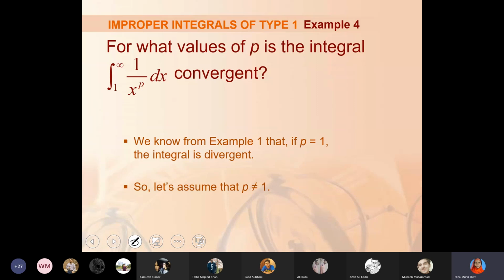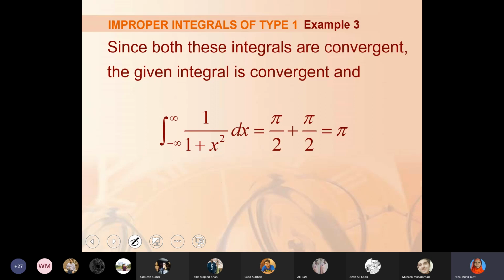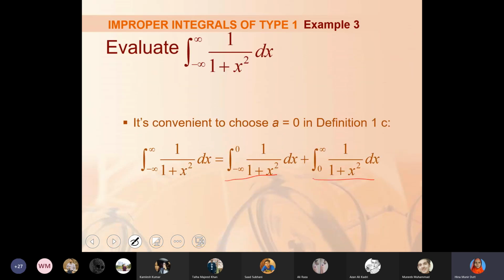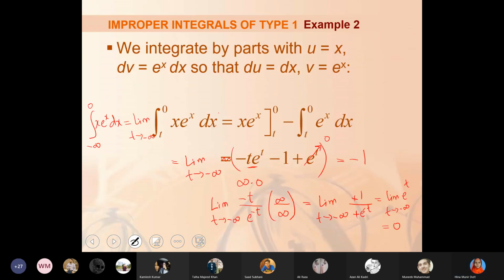As I already told you, if the answer of your improper integral is a finite number, then your improper integral is convergent. And if the answer is an infinite number, for example infinity, then your improper integral is divergent. Note this point down; I have written it earlier too, but you should still know what convergent and divergent integrals mean.